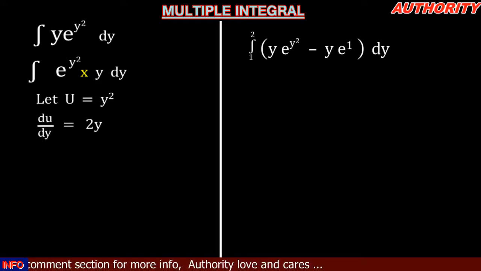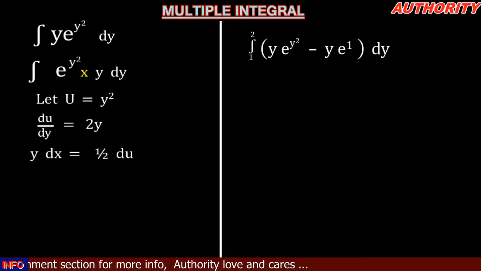We say that du is equal to 2y dy. So we want to make y dy the subject. That means we divide both sides by 2. So dividing both sides by 2, we see that we have y dy is equal to 1 all over 2 du. So that y dy is equal to 1 all over 2 du.